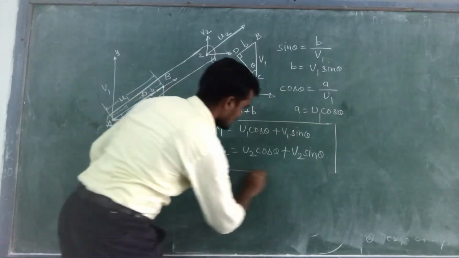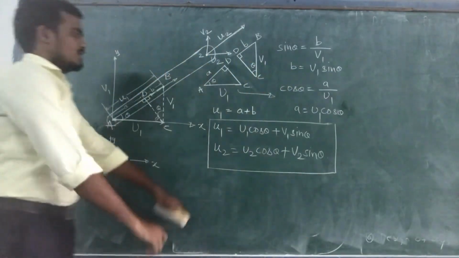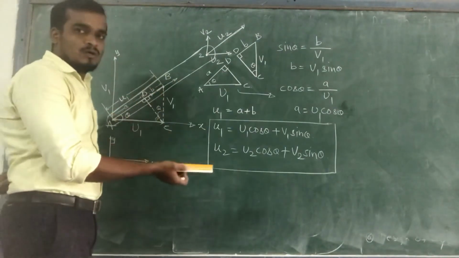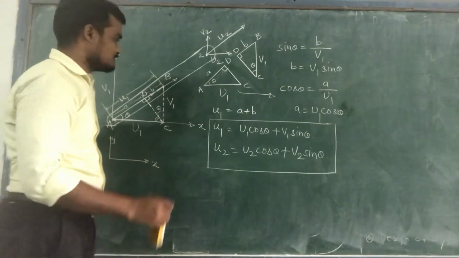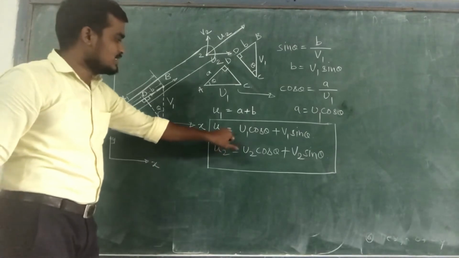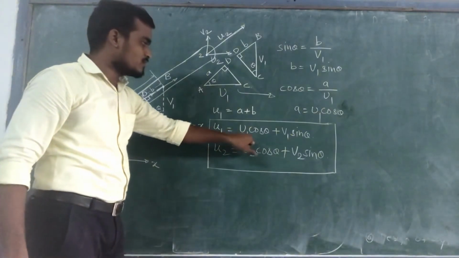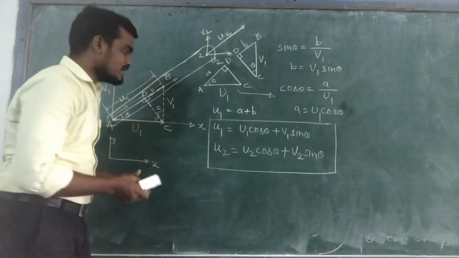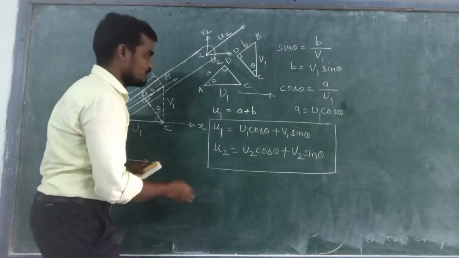So in this way, we have determined u1 and u2 in the global coordinate system. So you will get u1 equal to U1 cos theta plus V1 sin theta. Similarly, you will get u2. So we can write this u1 and u2.